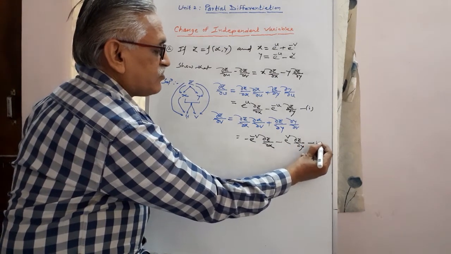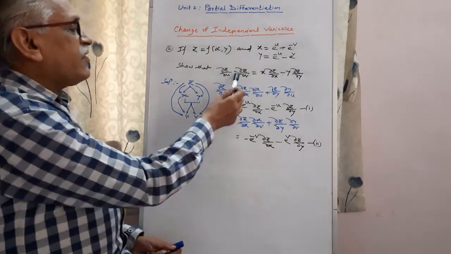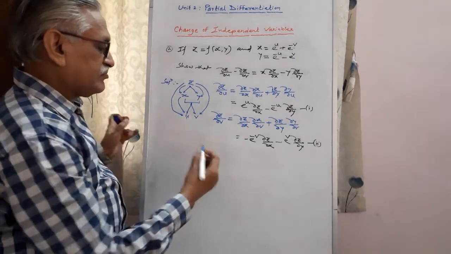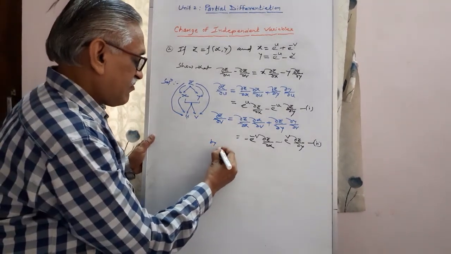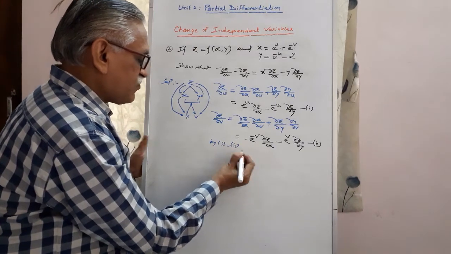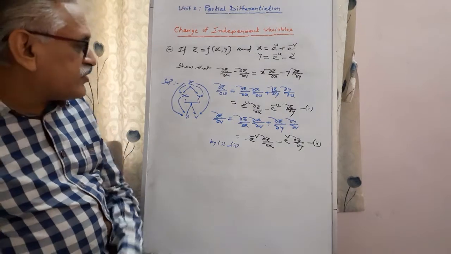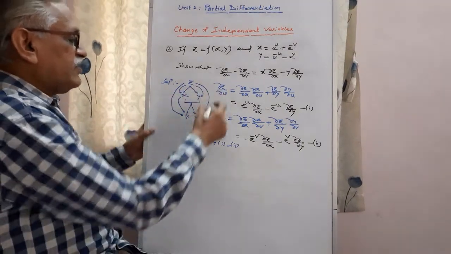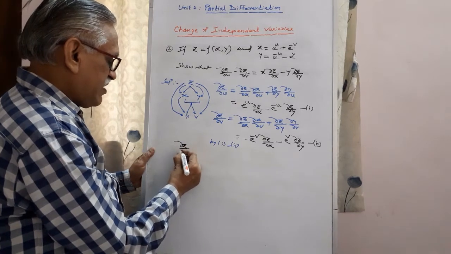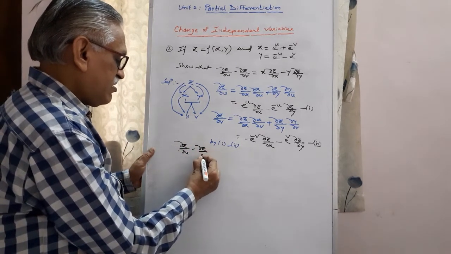Equation number 2. Okay, and then take the subtraction of these two results. Subtracting 2 from 1, if we perform this subtraction on the left hand side, we get dou z by dou u minus dou z by dou v.